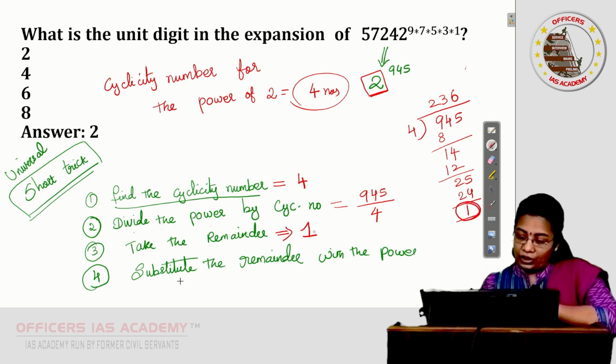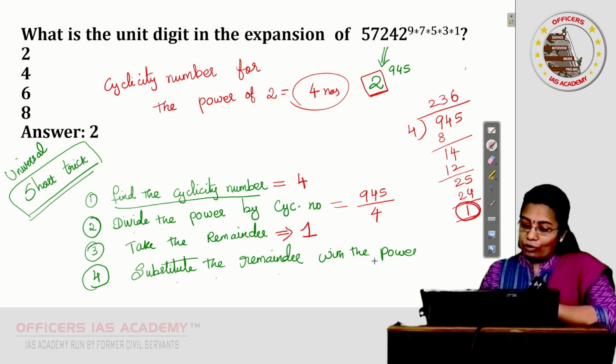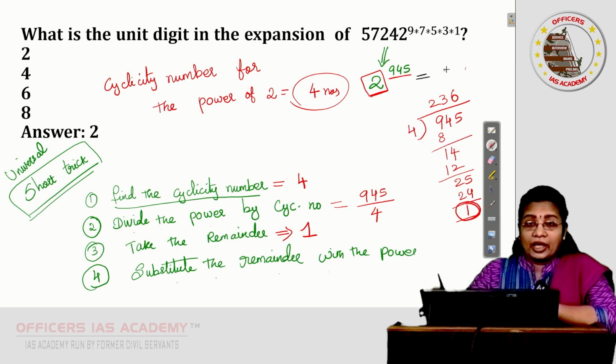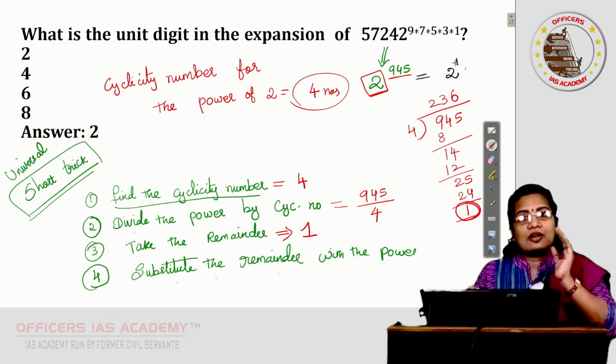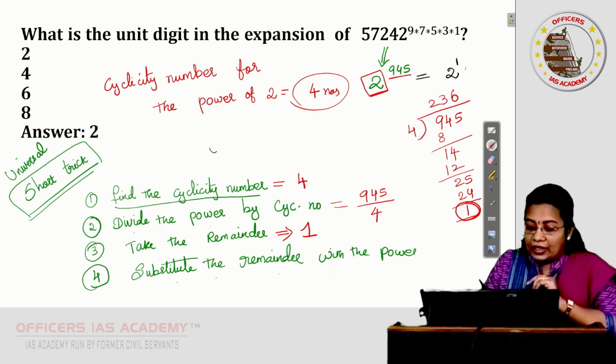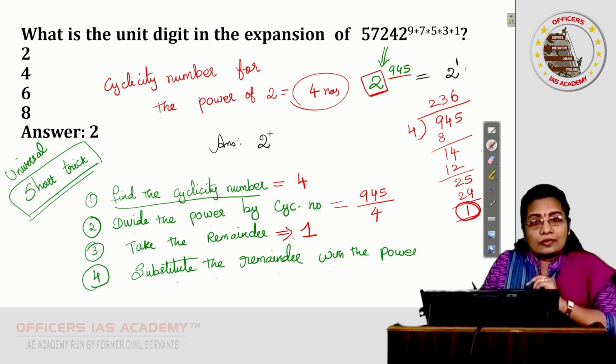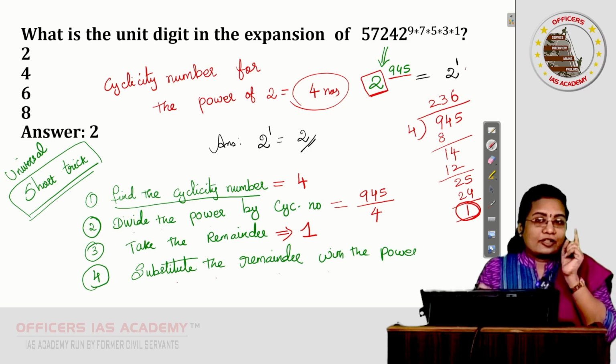So, substitute the remainder with the power. The power is 945. In the place of 945, I need to write 1. Already 2 is in the base, so the powers are just substituted. 2 power 1. What is the answer for 2 power 1? 2. Only a single digit number we got.